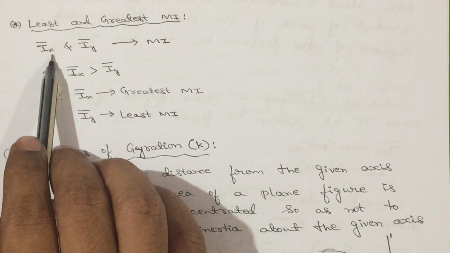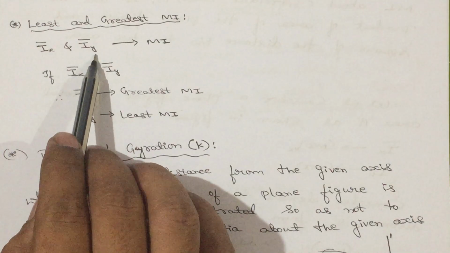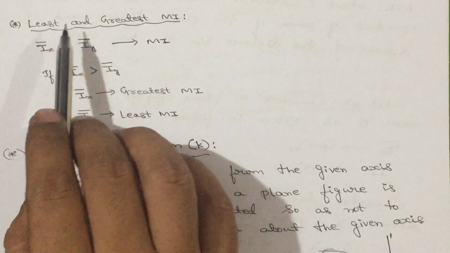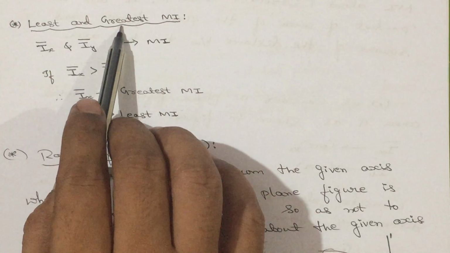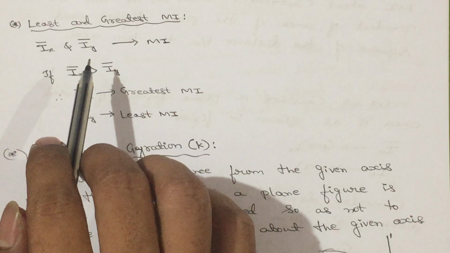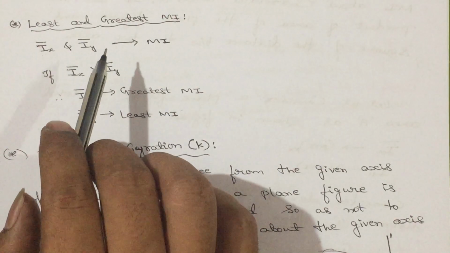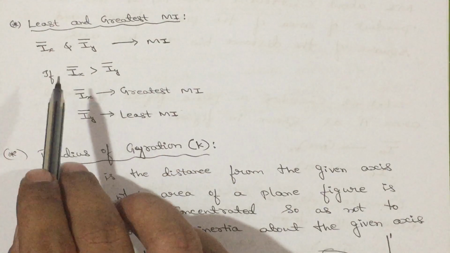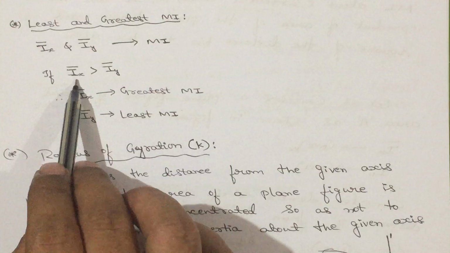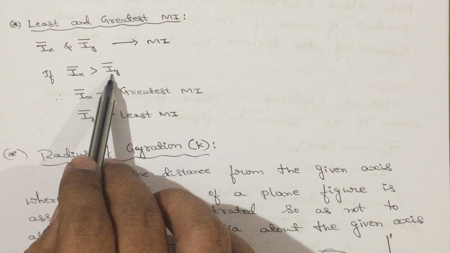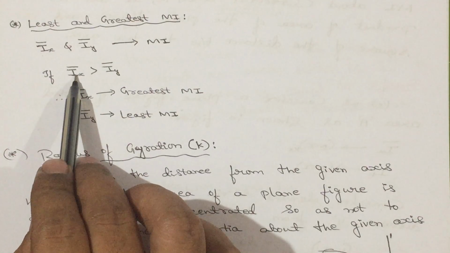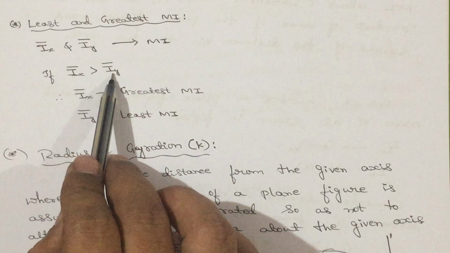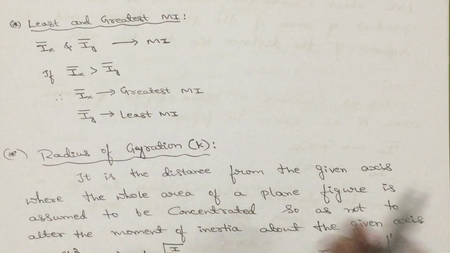Which is the least moment of inertia and which is the greatest? We calculate both in the given problem. Suppose Ix bar is greater than Iy bar, then Ix bar becomes the greatest moment of inertia and Iy bar becomes the least moment of inertia.